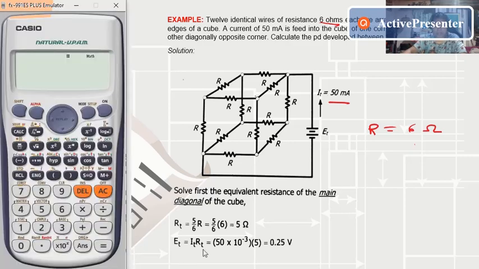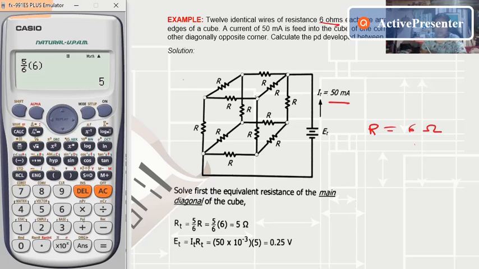We have here 5 over 6, which is constant na siya, and our R, we have 6 ohms. So, our total is 5 ohms. Since ang unknown na to is the calculate the power developed between these corners.